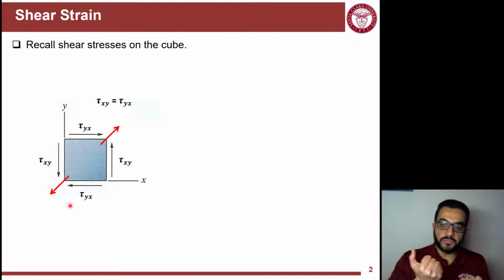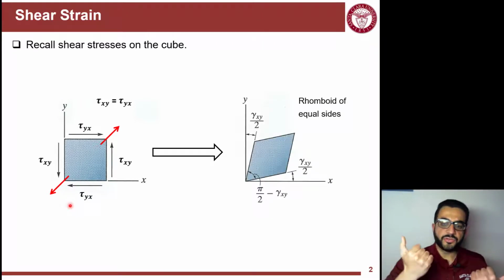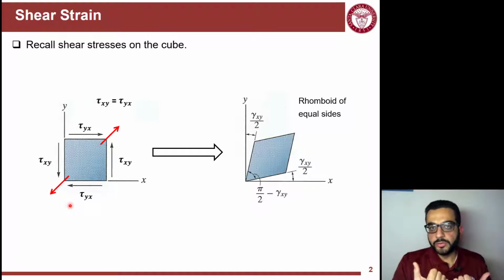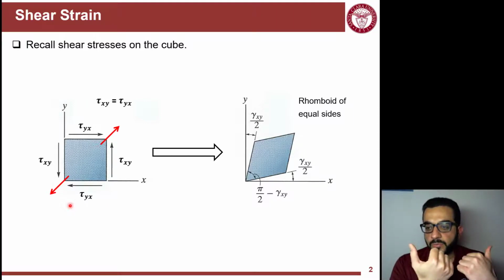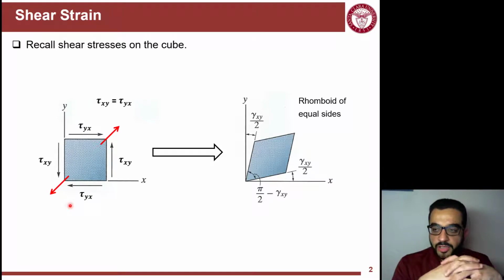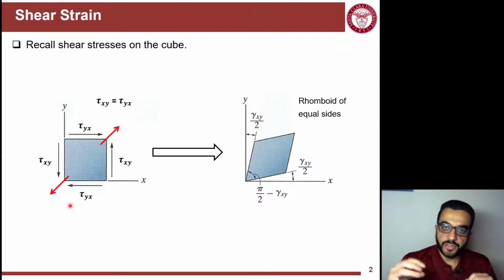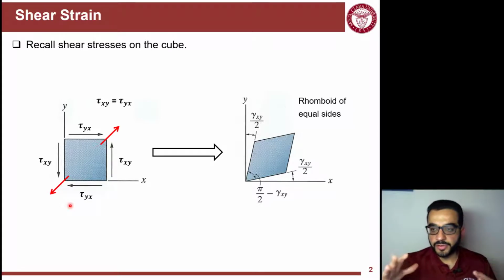That will create a diagonal tension of this block, and that diagonal tension will change the shape of the block from a square to a rhomboid. It still has equal sides, so we're not causing any elongation of any side, but the angles are squeezed on one pair of opposite corners and increased on the other two corners.